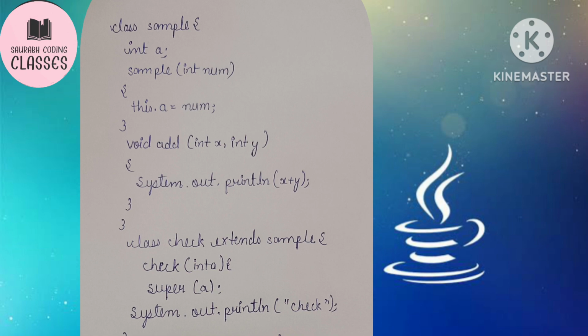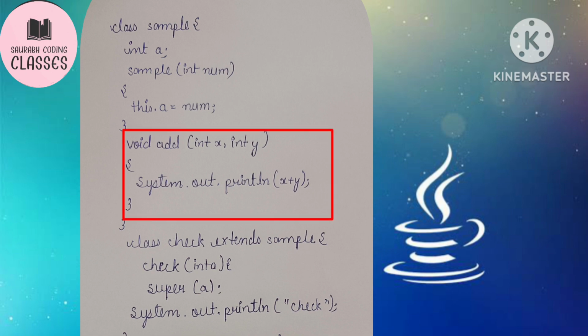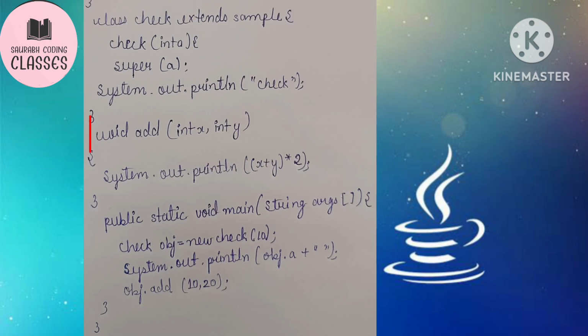We are defining a method in the superclass, and the method is add. Now in the child class we are defining that method again with the same signature, or the prototype. So this is called what? Method overriding, right? This is called method overriding, which comes under the polymorphism concept.